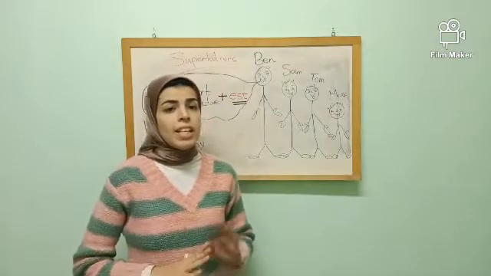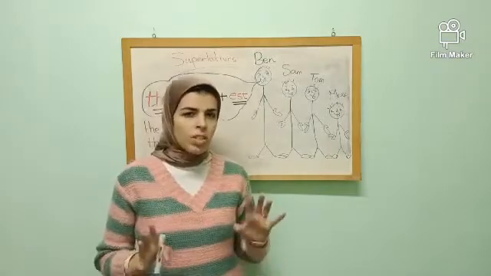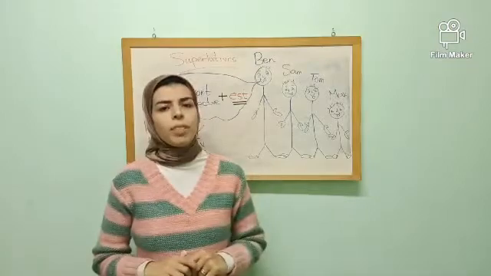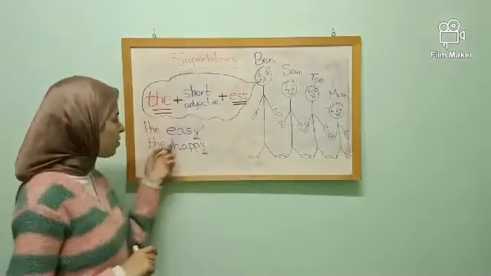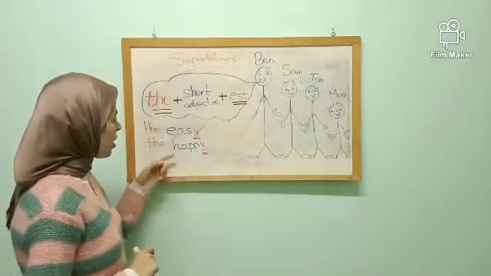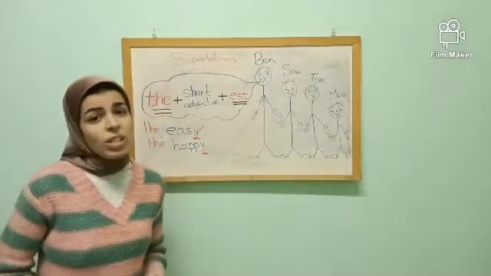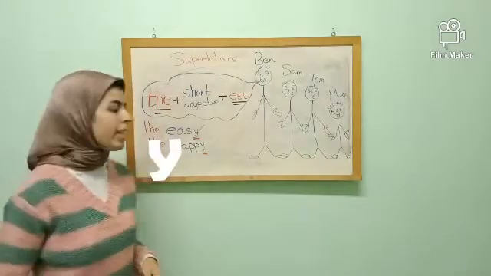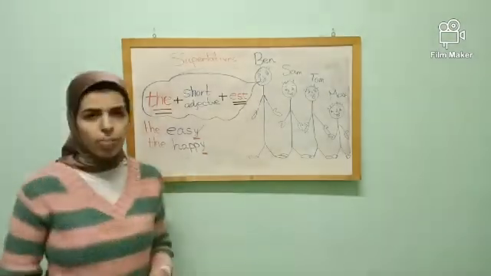Okay. Some adjectives, you need to think about them before you add your est. Look at them. Here I have easy and happy. These two adjectives, they end with letter Y. Exactly, letter Y. Easy and happy.